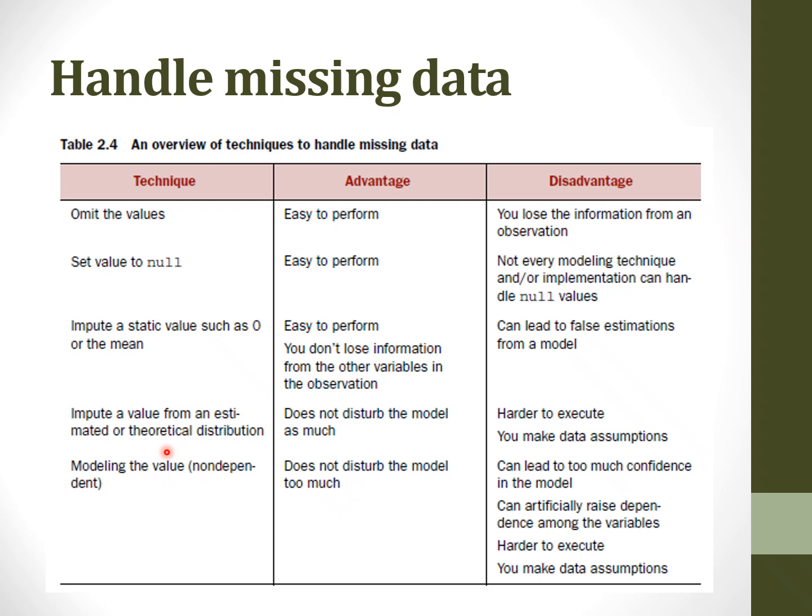The fourth technique is imputing a value from an estimated or theoretical distribution. Previously we have seen a distribution graph, right? Likewise, we can plot the data in the form of any distribution, and from that we can take a value and fill in the missing value. The advantage is that it does not disturb any model which we are using, but however it is very hard to execute.